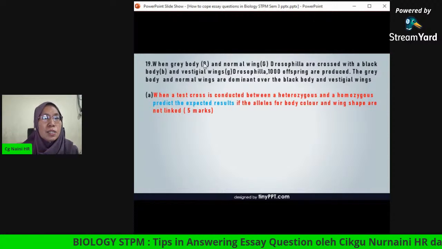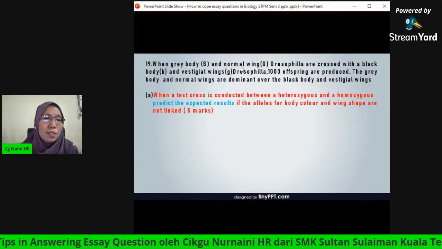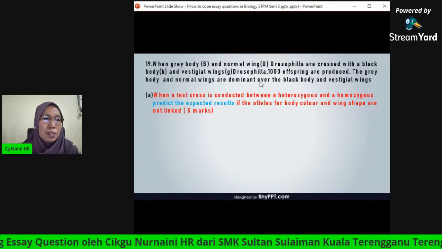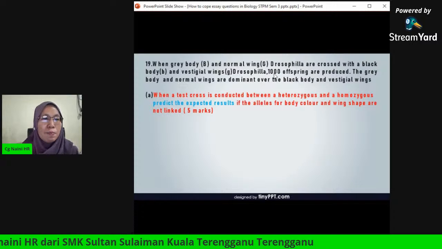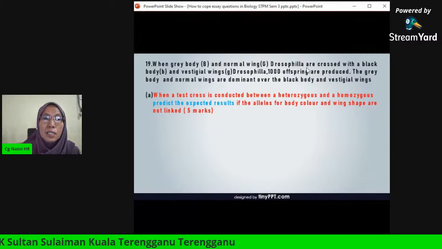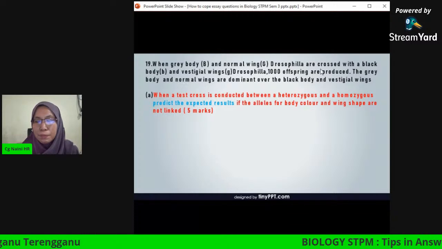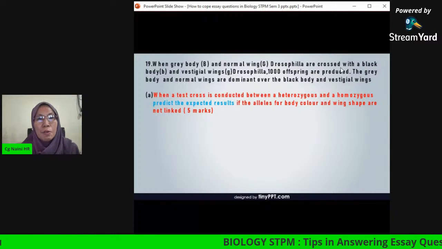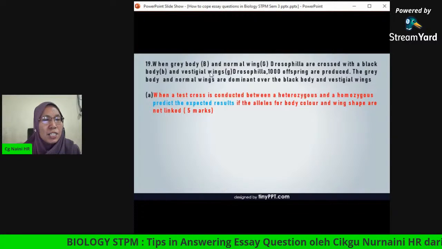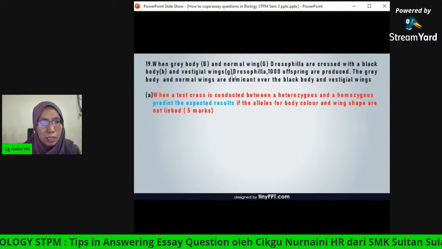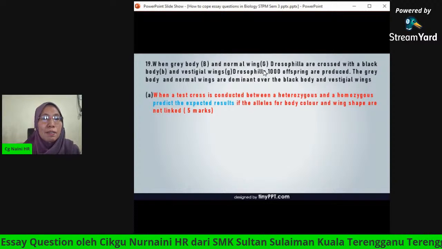You see this has two traits. That means the schematic diagram of the cross refers to a dihybrid cross. So this is the Mendelian cross: a cross with a black body, small b, and vestigial wings, small g. Drosophila is the animal, the flies.